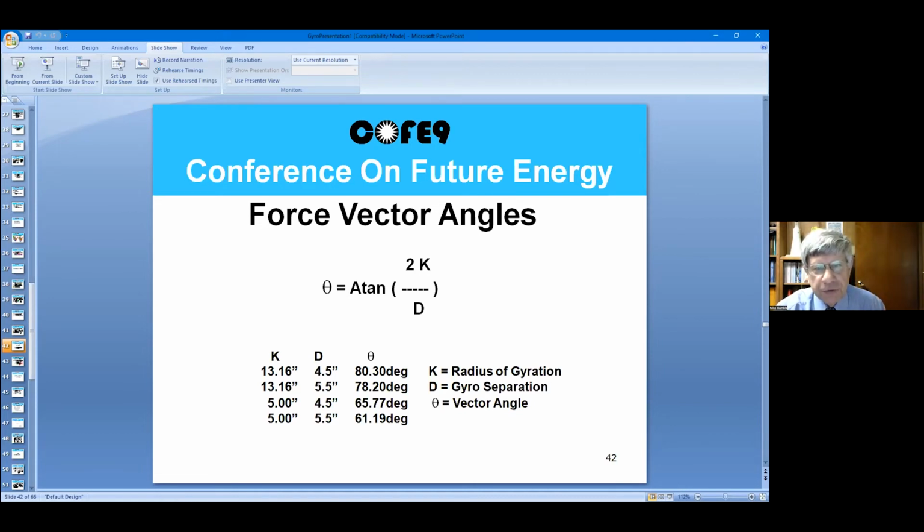Now, if you separate the gyros a little bit more, say add 1 more inch, now you start decreasing that angle. If you could get the radius of gyration, which is based on mass, down to say 5 inches, you can reduce that angle a whole lot more. So that's work in progress as far as improving it.